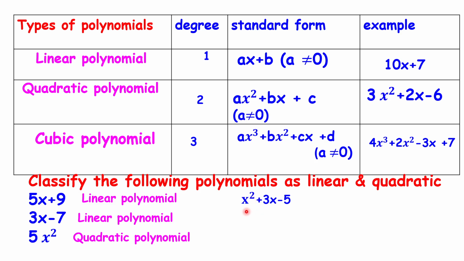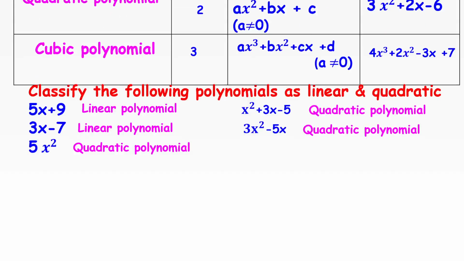That means the degree of this polynomial is 2. Therefore, it is a quadratic polynomial. 3x square minus 5x. The degree of this polynomial is 2. Therefore, it is also a quadratic polynomial.